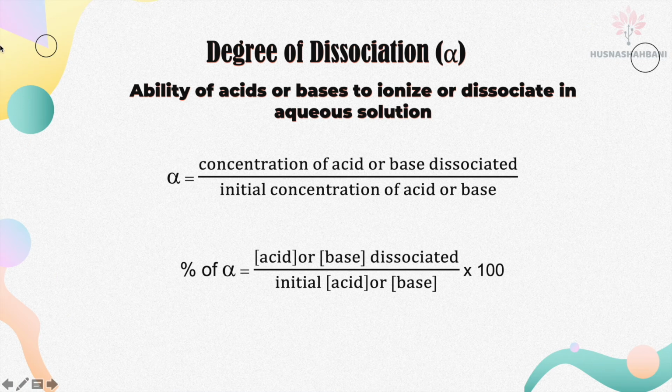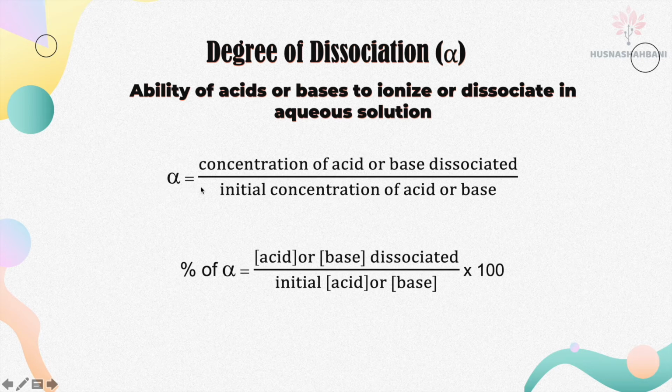Degree of dissociation is the ability of acids or bases to ionize or dissociate in aqueous solution. It is the concentration of acid or base dissociated, so we look at the change in concentration of acid or base over the initial concentration of acid or base.